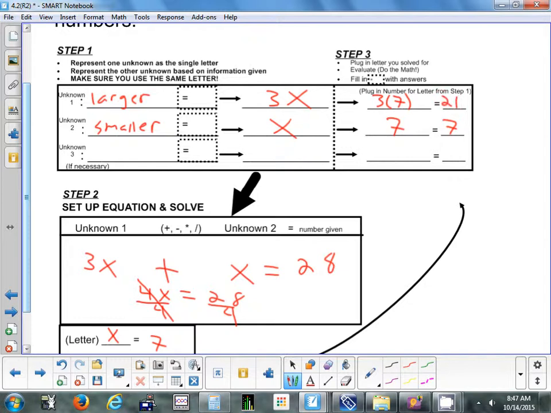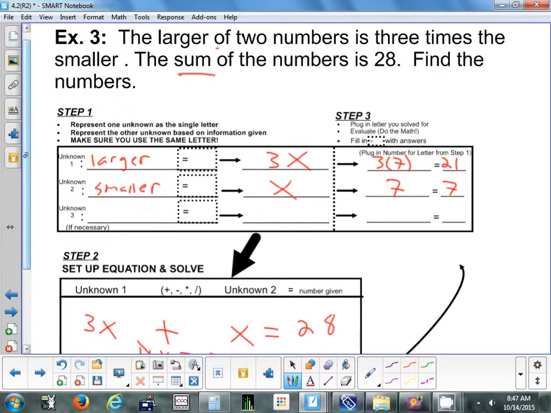So now we have our answers. The larger piece is going to be 21, or not piece, sorry, larger number is 21. And the smaller number is 7. Great. Any questions on that?